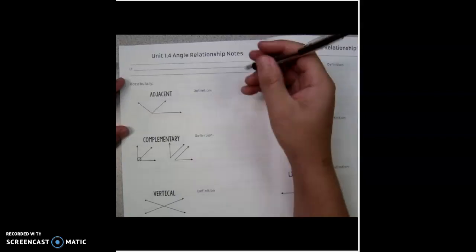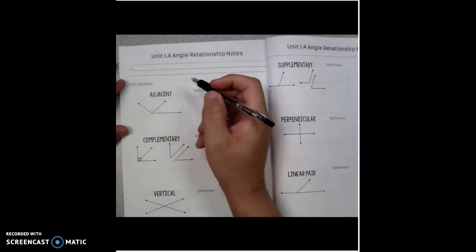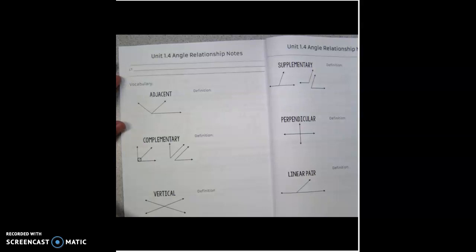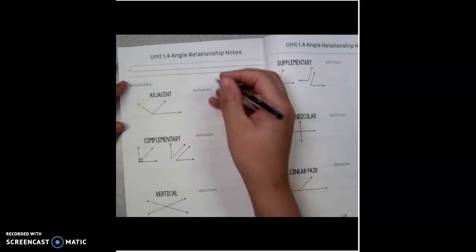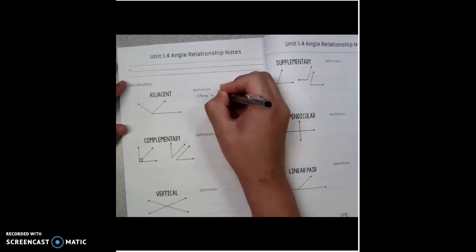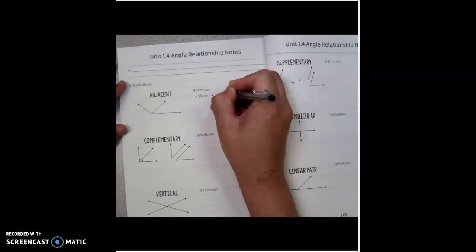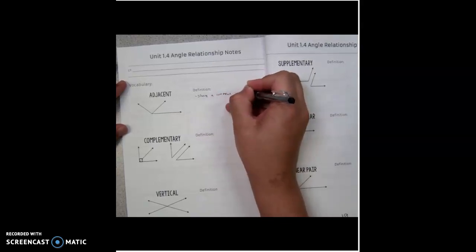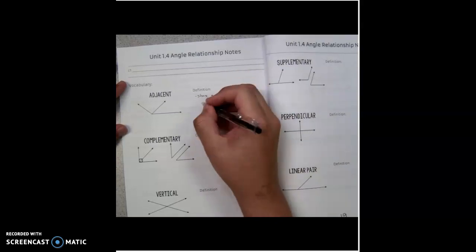Okay, today the video is about 1.4 angle relationships. So the first thing we're going to talk about is the adjacent angle. The definition is that adjacent angles share a common vertex and a common ray.